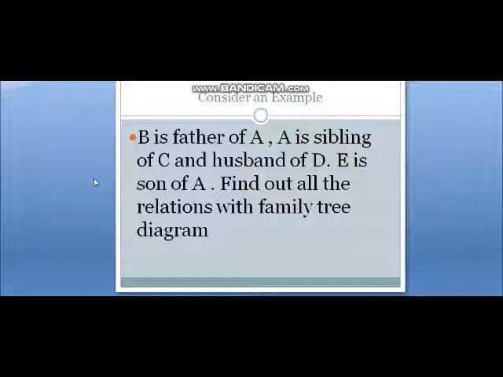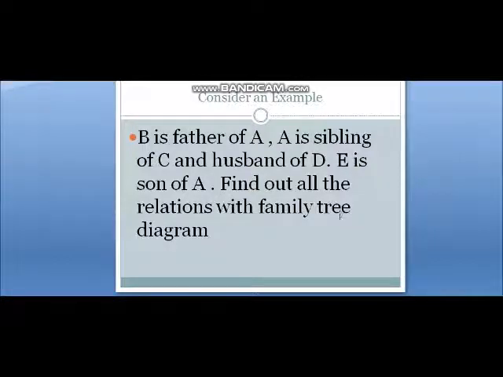A is sibling of C and husband of D. Okay, so A is sibling of C, मतलब C का भाई या बहन है, and husband of D. जैसे ही husband of D आया, means A is your male. Okay, then E is son of A. E क्या है, A का son है, means your E is also male.